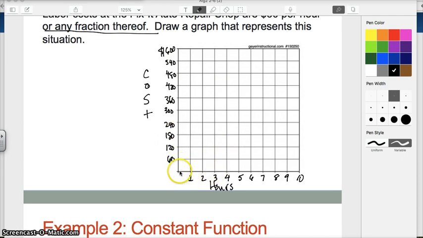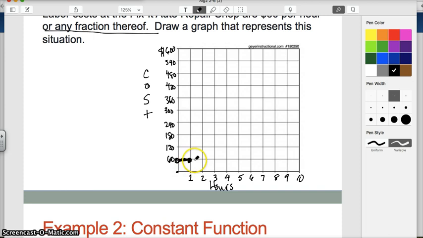So for the first hour, up until that hour, I'm going to be charged $60. So as soon as I bring it in, even if it's a 15-minute repair job, they're going to charge me $60. If I don't bring it in, obviously I'm not charged anything, so that would be down here. But if I bring it in, and it spends a minute at the shop or a second or any time, they're going to charge me some labor up to 1 hour.